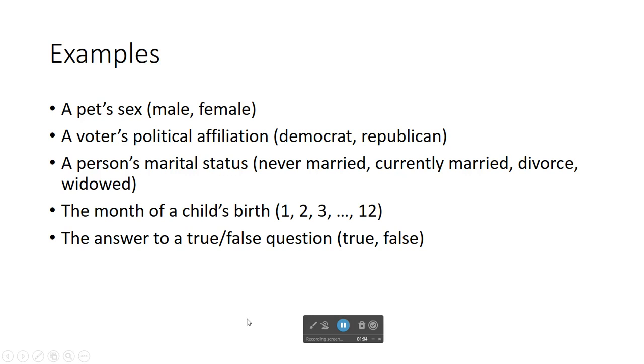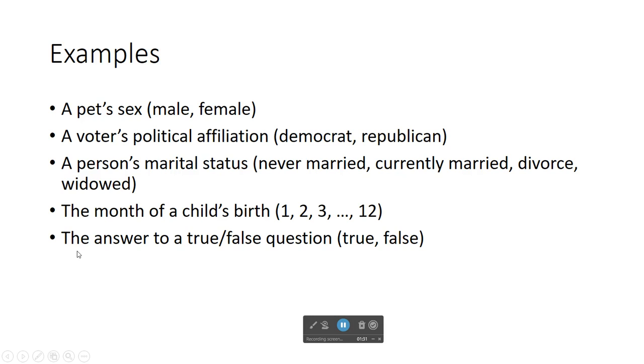I guess you could put down Solidarity Party. You could put down Libertarian. A person's marital status. It could be they were never married, that they're currently married, they're divorced, they're widowed. The month of a child's birth, the first month, the second month, the third month, on through the 12th month.